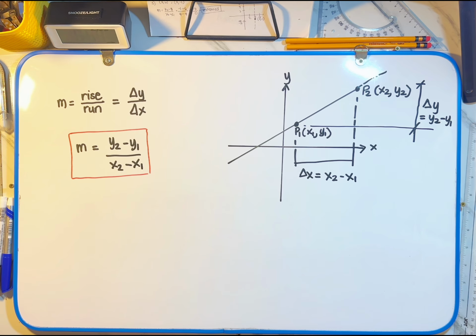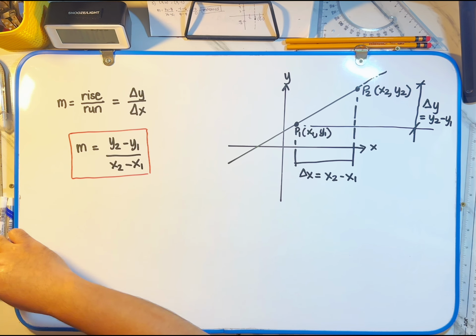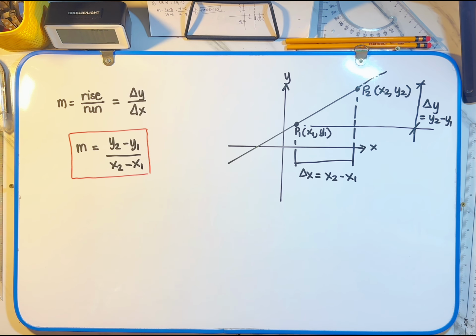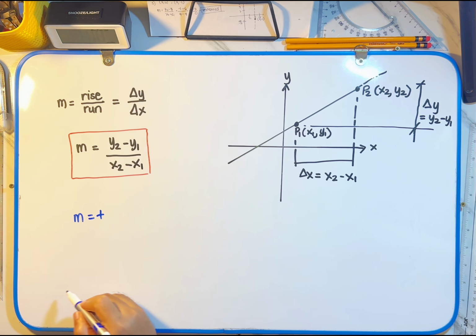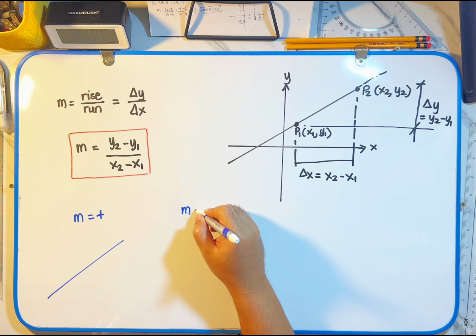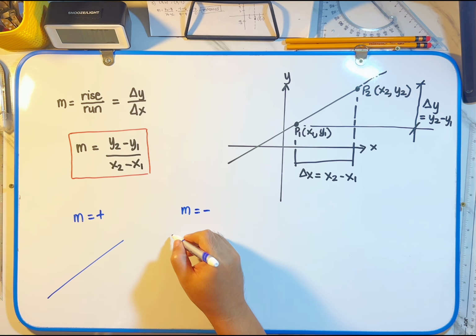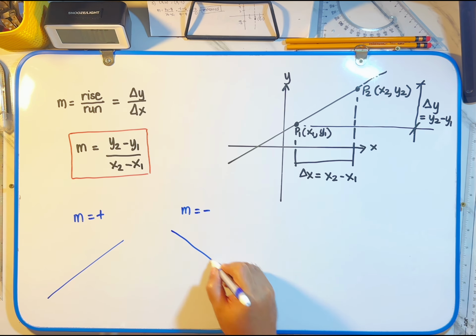Anyway, what's the meaning of slope? Slope is just the steepness of a line. It measures how steep a line is. So if the slope is positive, our line goes up from left to right. While if the slope is negative, our line goes down from left to right.